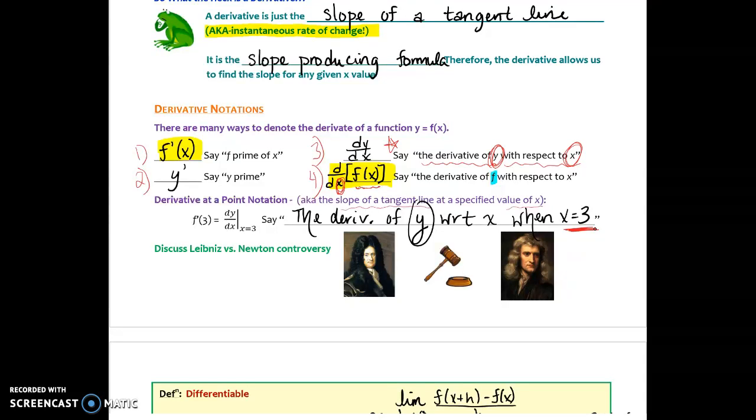So once we find f prime, aka the derivative, then we'll substitute 3. And so then the correct notation would not be f prime of x, it would now be f prime of 3. We'll look at that in just a second. You could also write it this way if you were using the third notation. So dy dx when x equals 3 is the way that you say that.